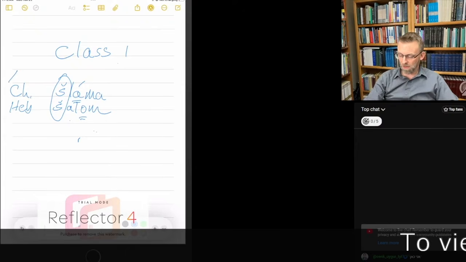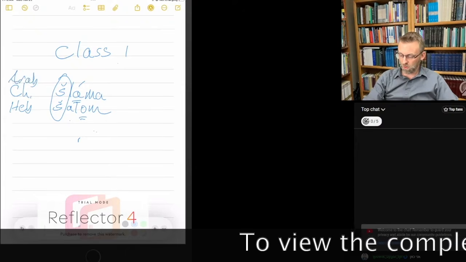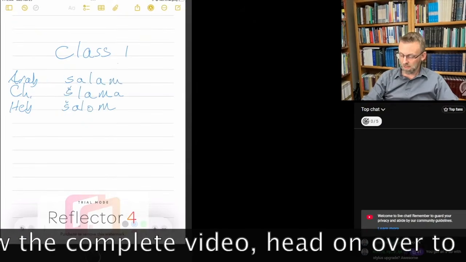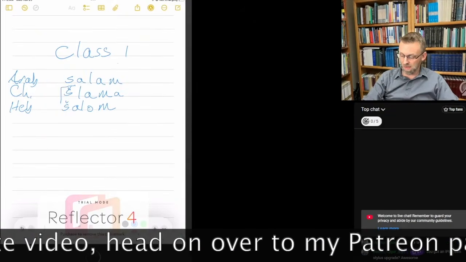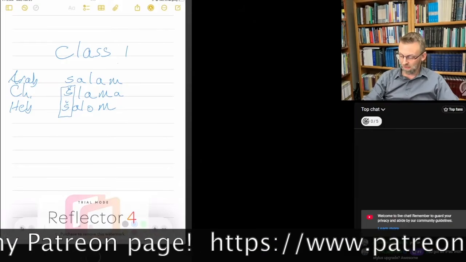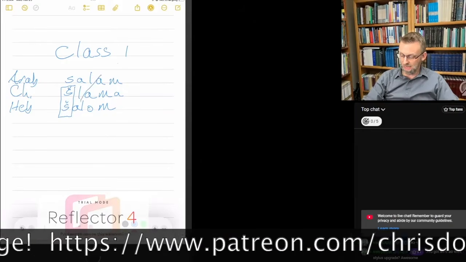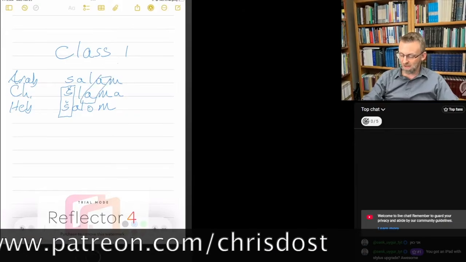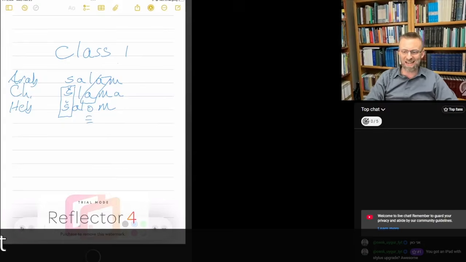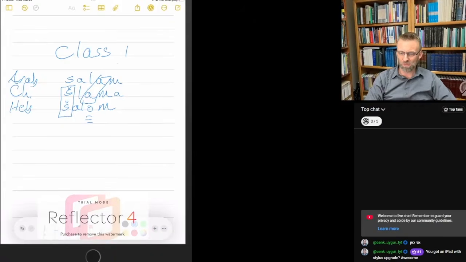Whereas in Arabic, we're going to have the word salam. So Hebrew and Aramaic, Chaldean here, will share the shin, but Arabic and Aramaic will share the A vowel. Hebrew has an O vowel there because of the Canaanite shift. Okay? We'll talk about that rule some other time.